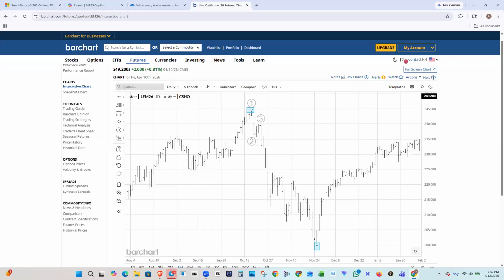Resistance, the ceiling. The number 2 is support. The number 3 is what? Your resistance, but your risk and your, what do you call it? Exit. Exit. Thank you. All right. Now it reversed trend again and went back to challenge the number 2.